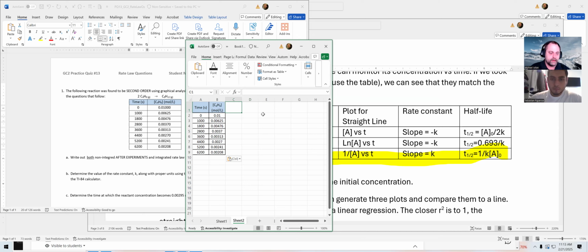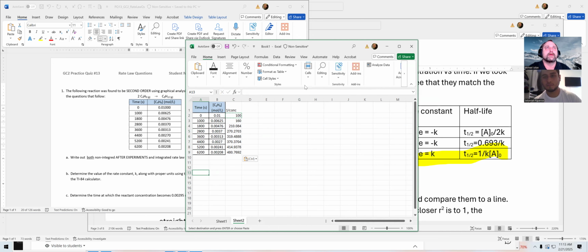So I'm going to go ahead and make this one 1 over concentration. And this will just be 1 divided by whatever this one was, B2. So it makes it nice and easy to fill in this table without having to type all that into my calculator.